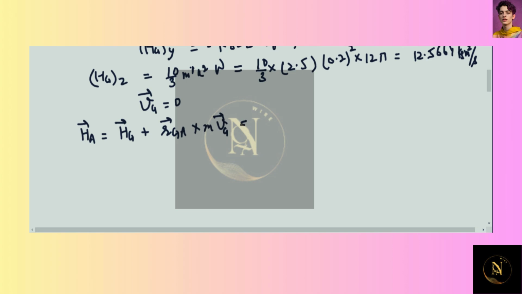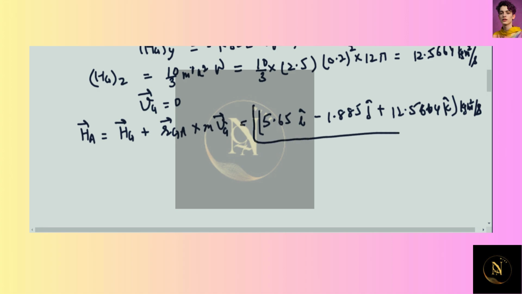You will get 5.65 i cap, 1.885 j cap plus 12.5664 k cap kg meter square per second. So this is one of the answers we have obtained. This is the answer of part A.